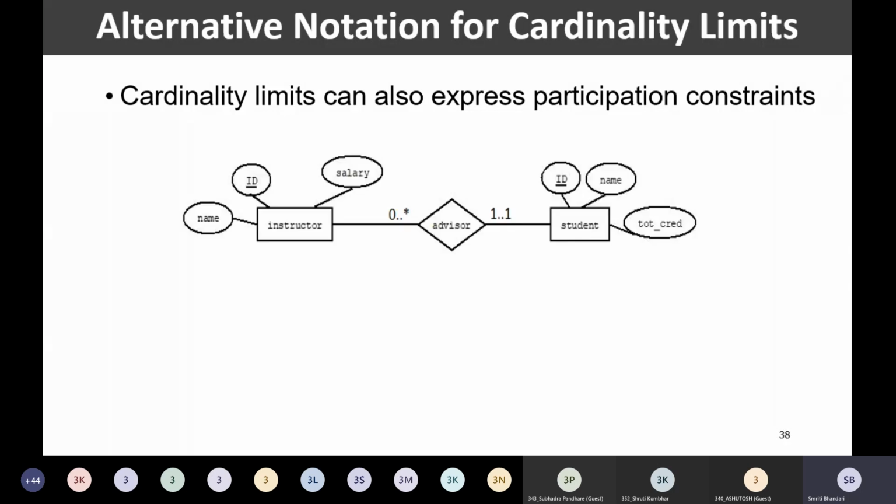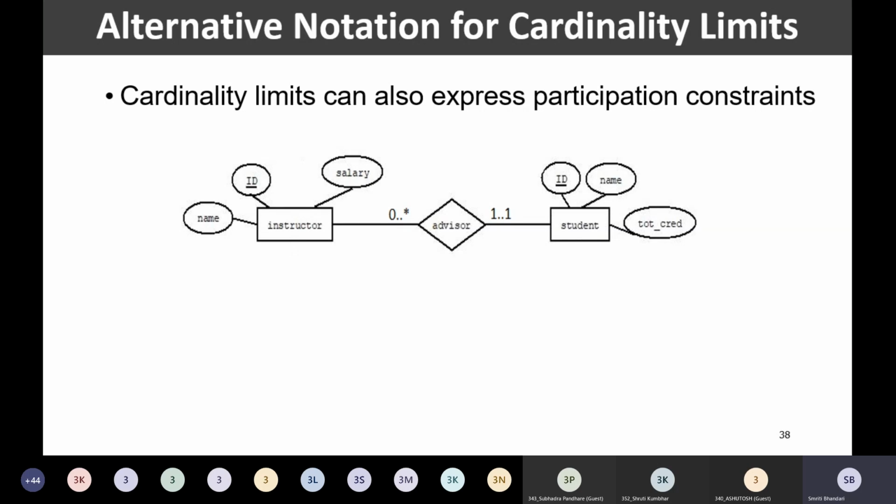So cardinality limits can also express the participation constraints. Let us see this relationship advisor. We have instructor entity set, student entity set, and the relationship set between these two entity sets, that is the advisor. Here we have the alternative notation for depicting the cardinality limits.